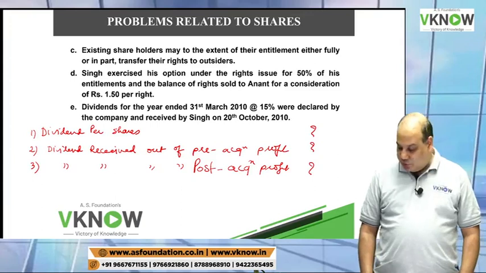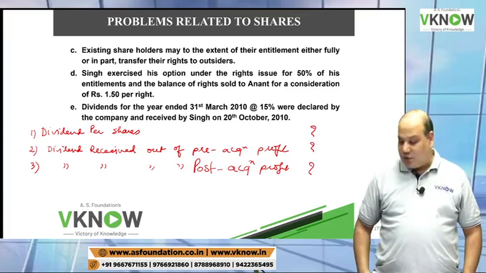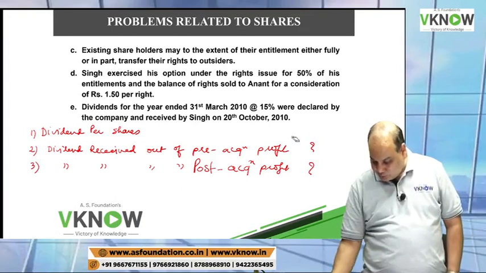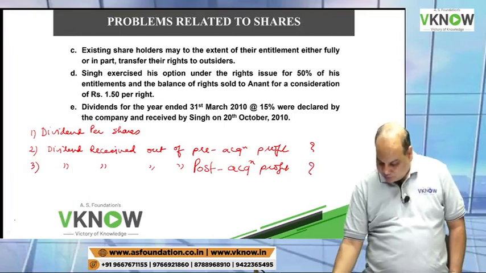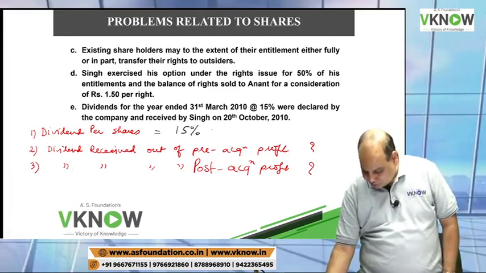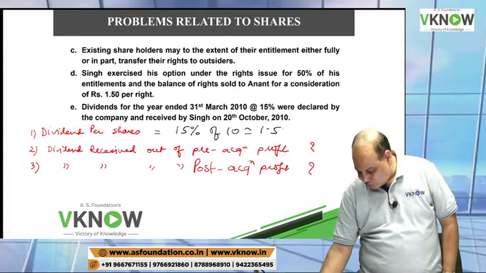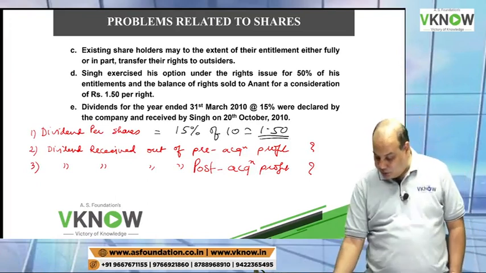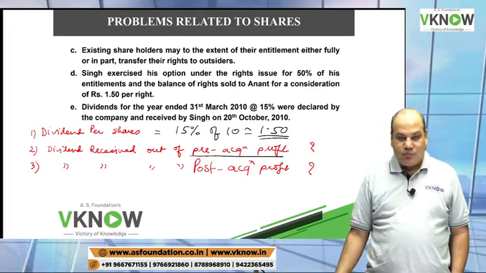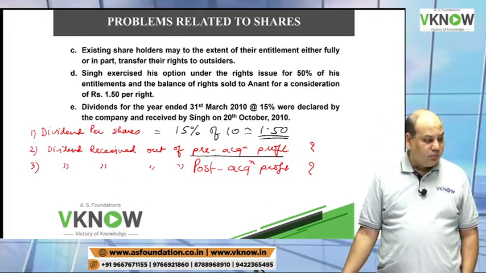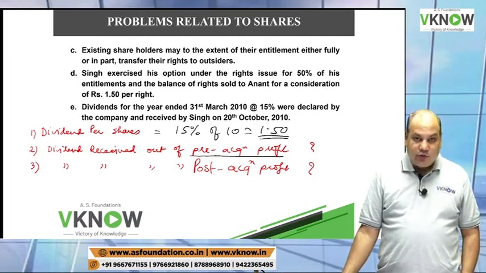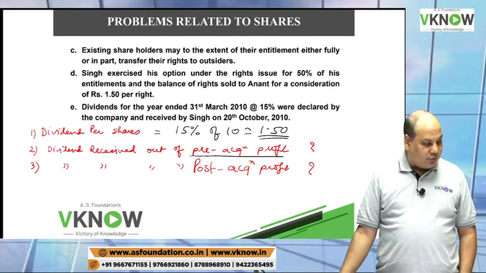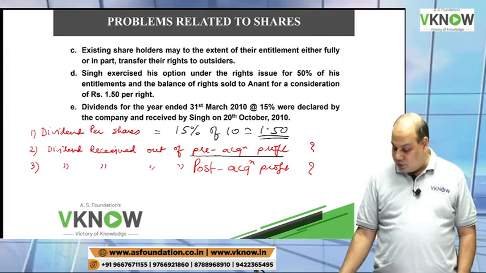Okay. So first, you don't give me any other answer. First answer I agree with most of you. You have said 1.50. Dividend will be paid at the rate of 15% of 10, 1.50. Okay. Now question is, what is the dividend received out of pre-acquisition profit?